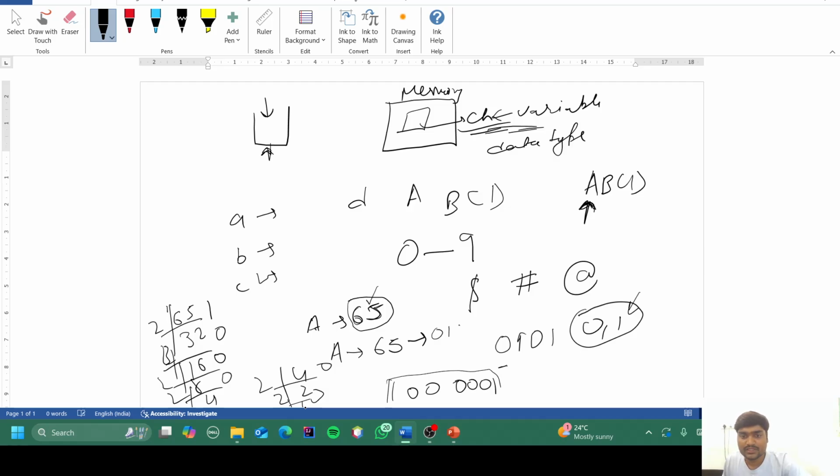So this one is the Boolean representation of capital A. Our computer understands this Boolean representation, and it does not understand this character A directly.